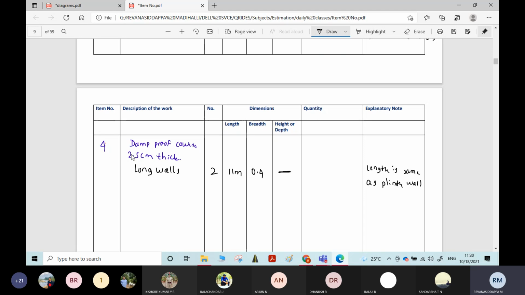This 2.5 centimeter thickness is neglected. We only consider length and breadth for the calculation. In terms of square meter, we need to do the calculation, so we ignore the thickness. What is the answer?